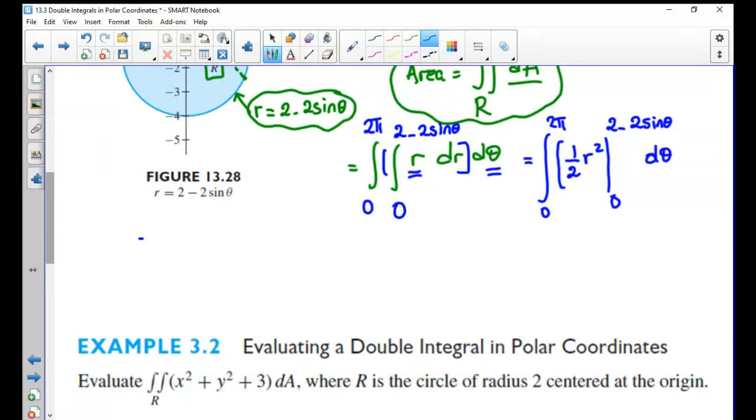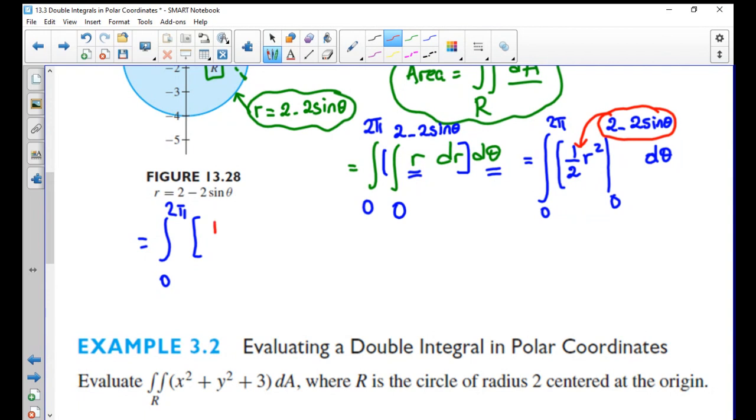Let me continue here. 0 to 2 pi. Now substitute. All of this comes here.